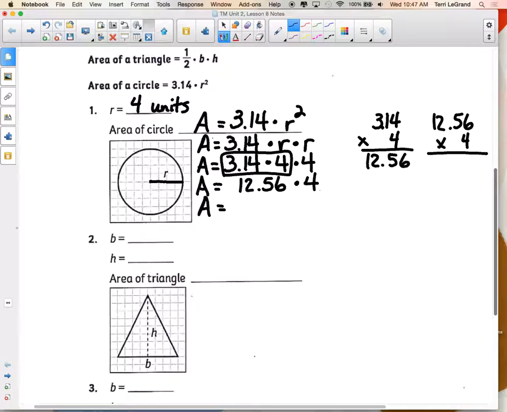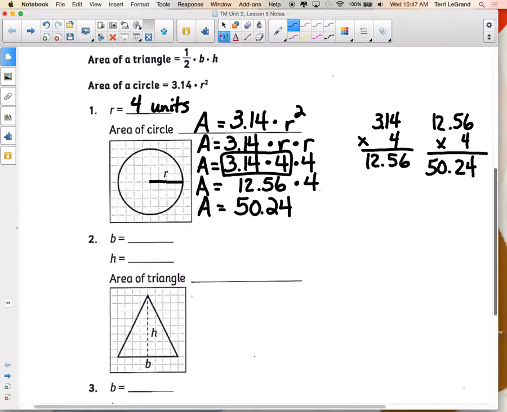Anybody got it? You do, Wade? What is it? I think you're kind of close with part of it, but not the one part of it. Sam? 50.24 is what we should get. We should be 50.24.